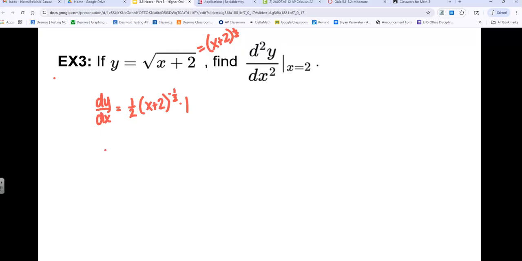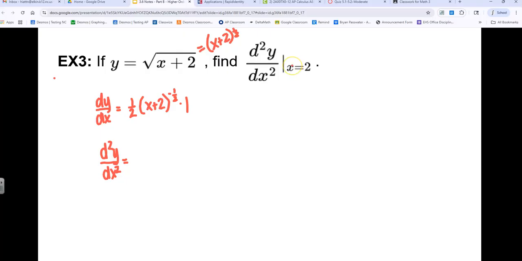So now if I take the derivative a second time, right here, that's x plus 2 to the 1/2. So, this is telling you what number to plug in at the end.